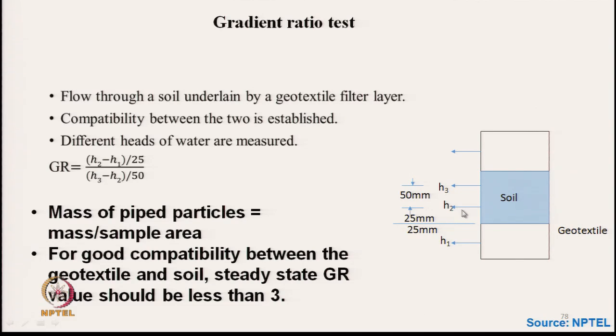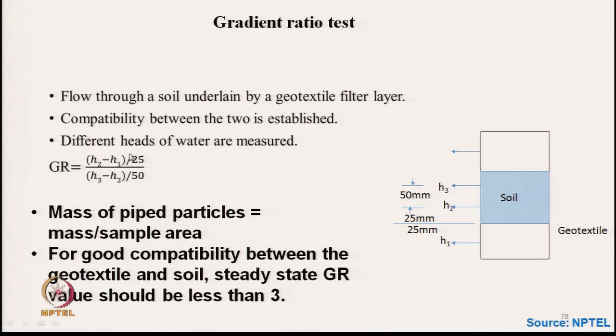So, what does it mean? H2 and H3 are effectively 50 millimeter of soil structure, and H2 and H1 are 25 millimeter of soil and the rest is water, and in between the geotextile is there.